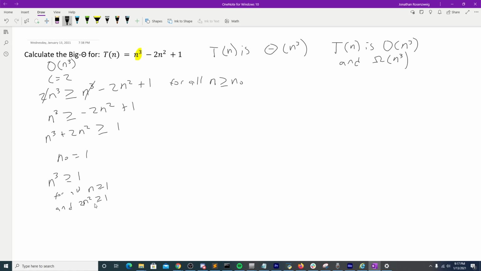And so therefore the sum of these two terms would also be greater than or equal to 1. This is good enough to show that T(n) is O of n cubed.